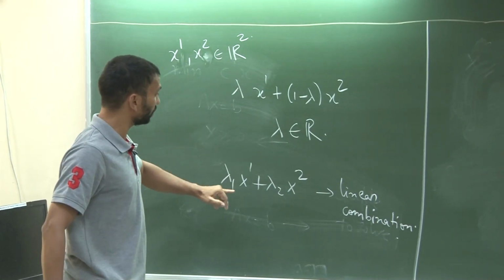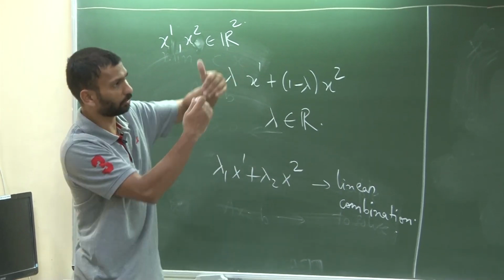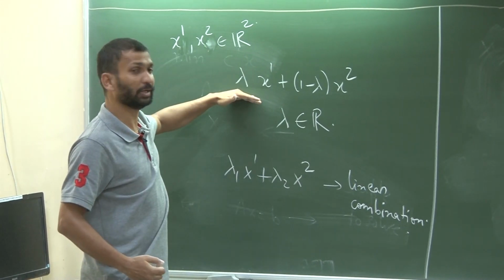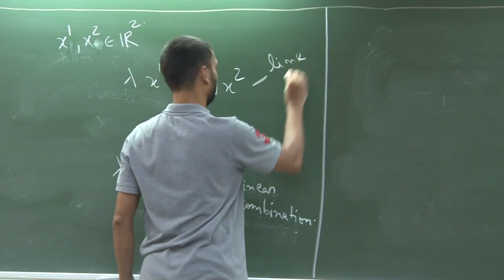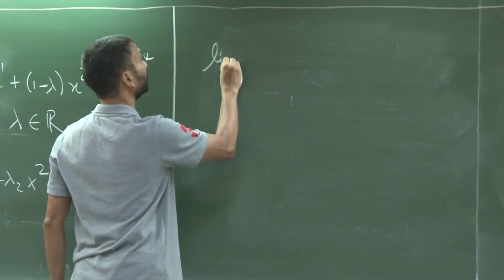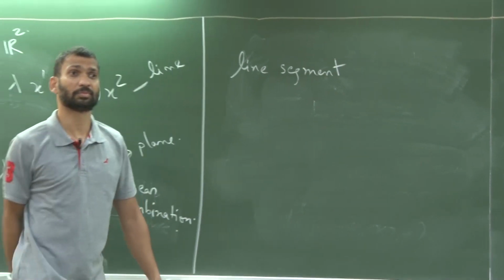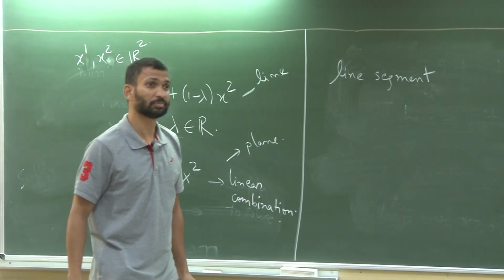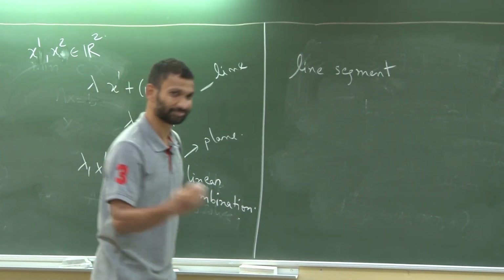So first thing was, from linear combination, if I wanted to come from the entire plane, if I wanted to restrict my attention to a line, I do this. Okay, so this is a line, this is a plane, and how do I get a line segment? Anyone except Dev? Thank you.